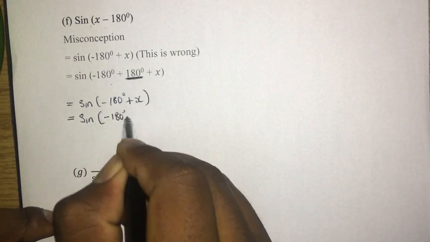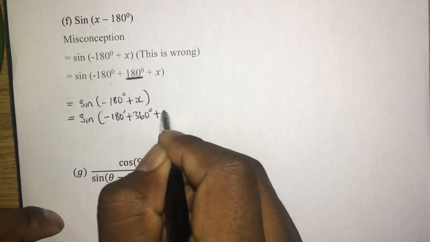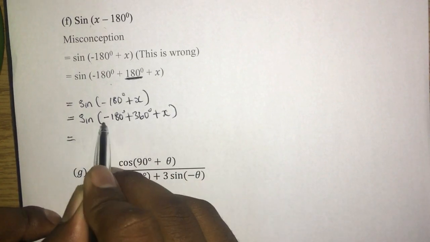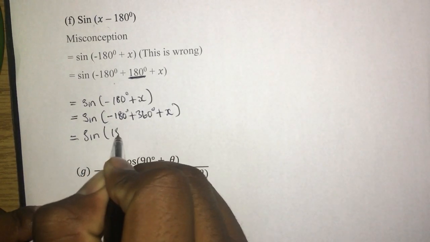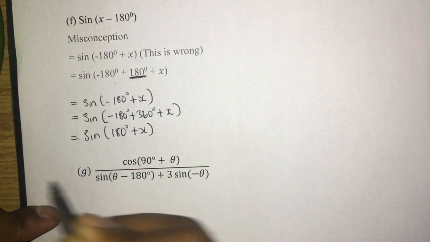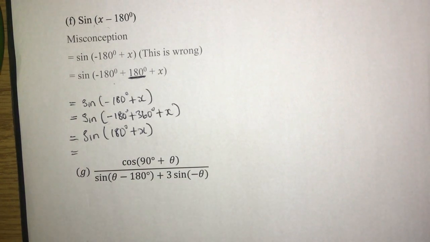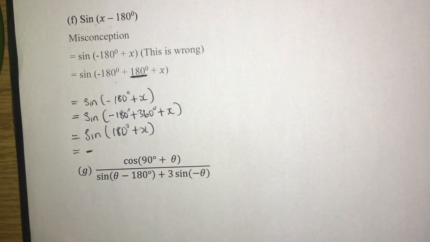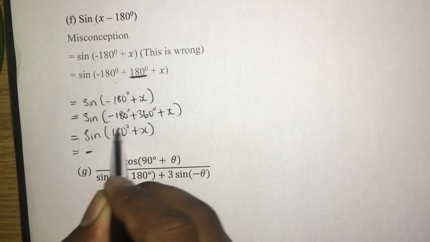So negative 180 plus 360 will be positive 180, plus x. Then now I identify the quadrant. 180 plus x, which quadrant is that one? It is quadrant 4. Sorry, quadrant 3, where tan is positive and sine is negative. Only tan is positive in that quadrant. So I put that negative sign there. And then does 180 cause an effect to sine?